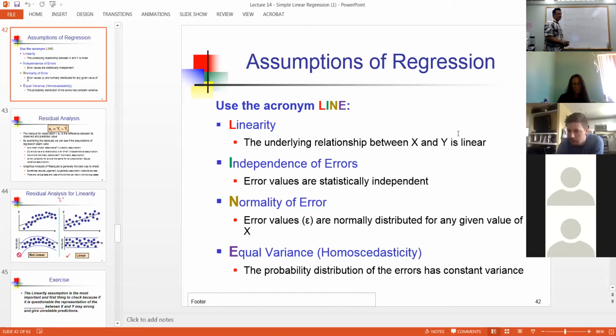Our equivariances tells us that our error or our standard deviation is constant. It's not increasing as time goes on. So if we have a slope here, we want to make sure that our equivariances, that our standard deviation stays the same over time. If it starts to increase and decrease over time, it's not constant.